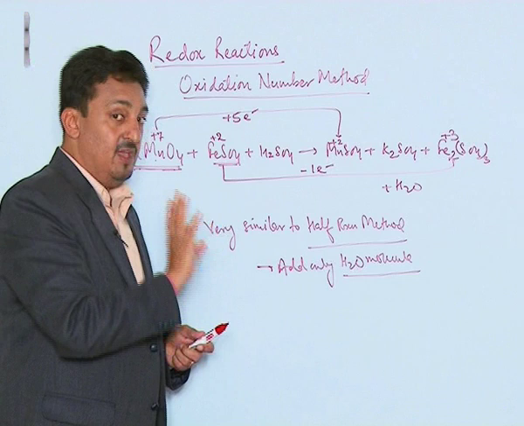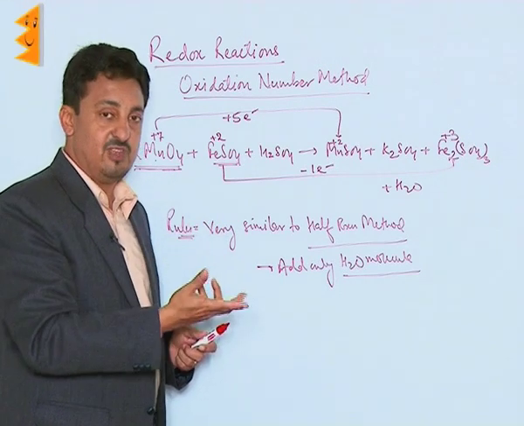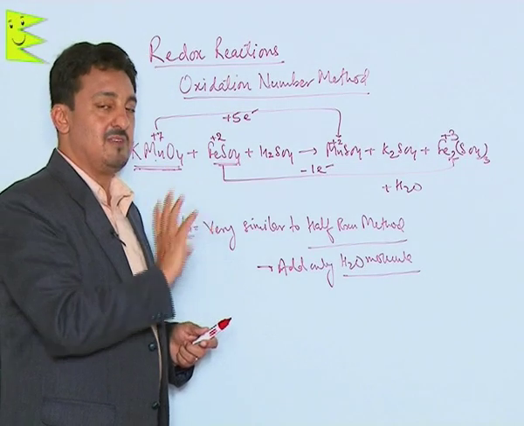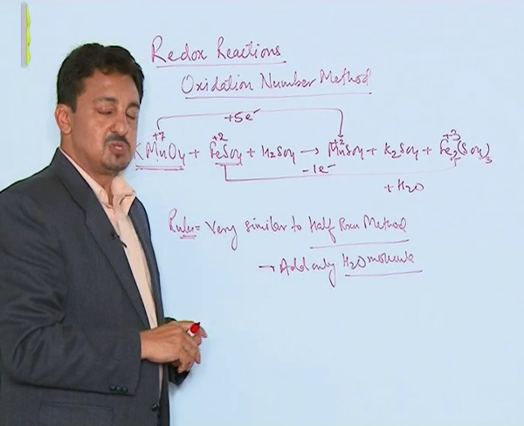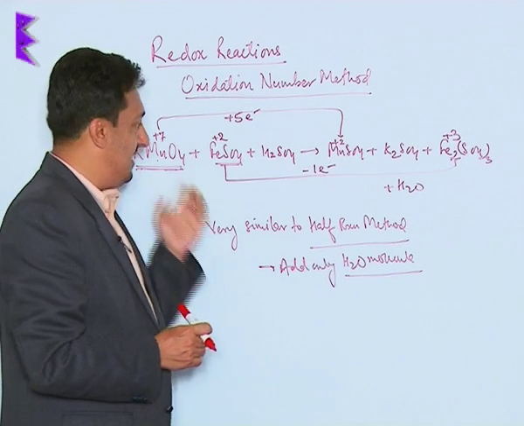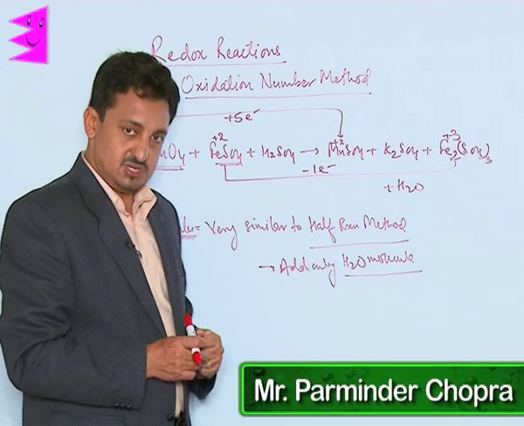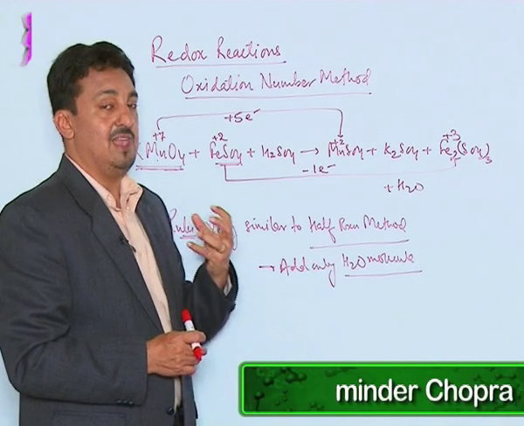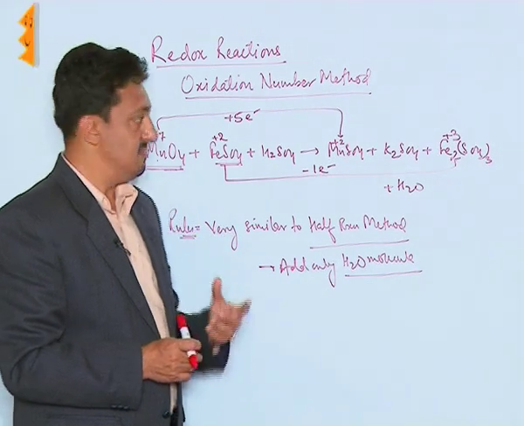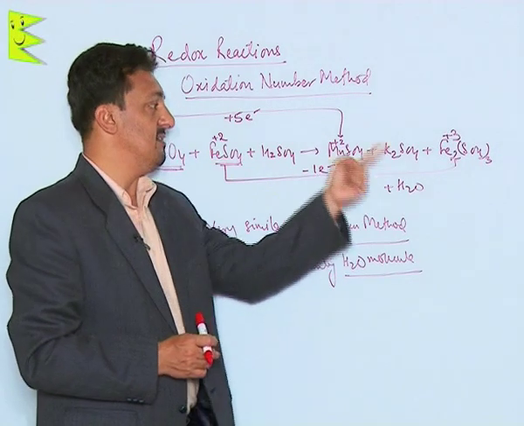Remember, if your redox reaction involves only species undergoing reduction and none undergoing oxidation, the reaction is wrong. One species will definitely undergo reduction and the other oxidation. We have to find out how many electrons are involved in each. So it is accepting 5 electrons, and it is losing 1 electron.